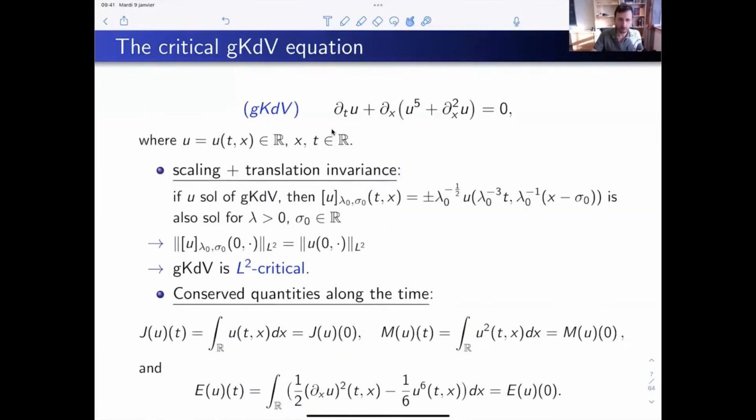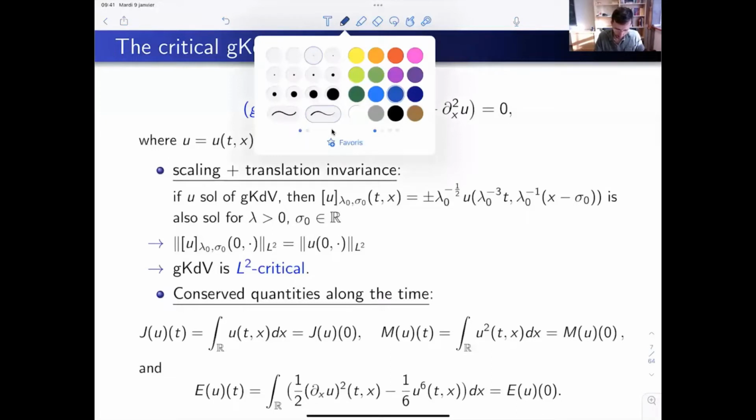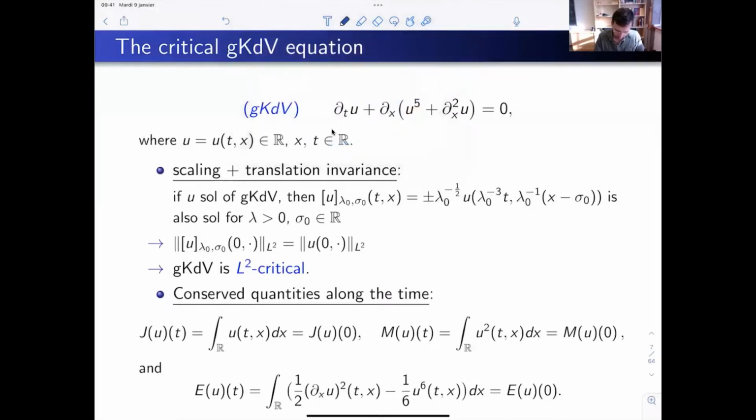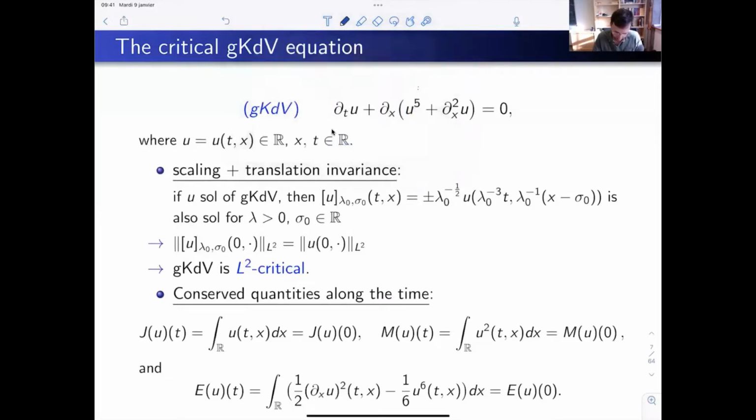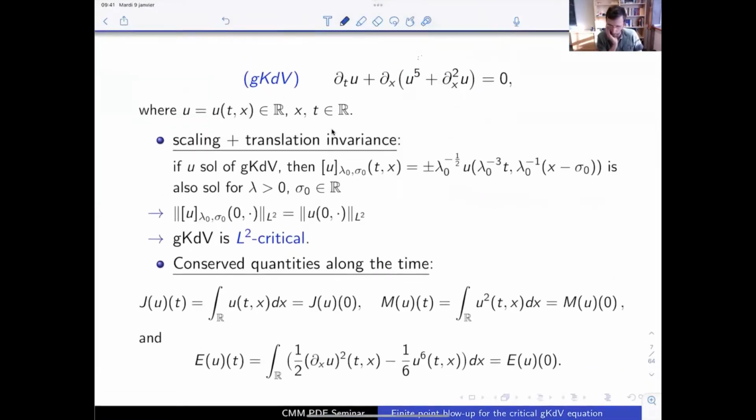What I should say is that if you lower the power, if instead of 5 you use a 2 or 3, the equations are physical.